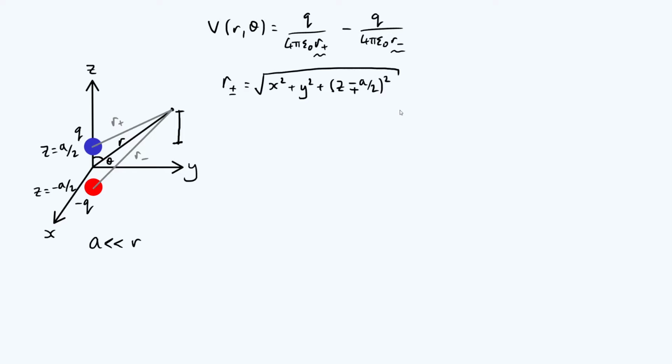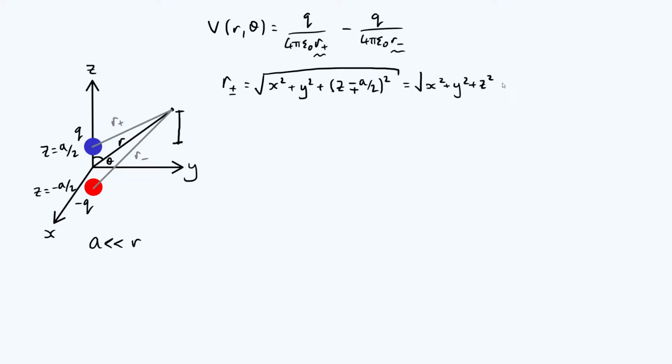Okay, and now let's do a bit of algebra and see what we can do with all of this. If we expand those squared brackets, we're just going to have x squared plus y squared plus z squared.